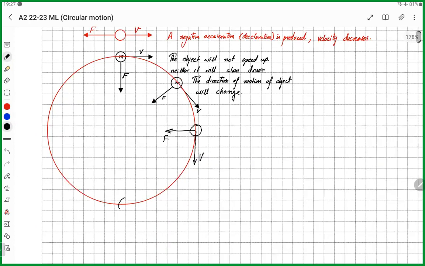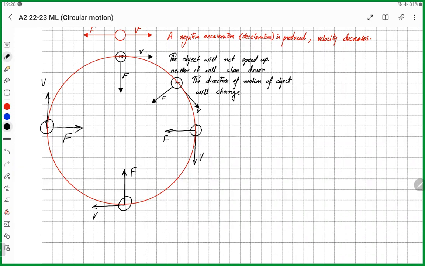There will be a time the object will get here, velocity will be this way, and force will be this way. The object will get here, velocity will be this way, and force will be this way.